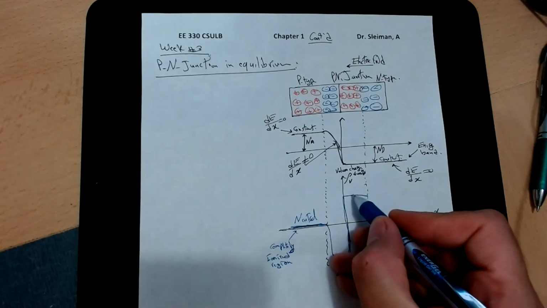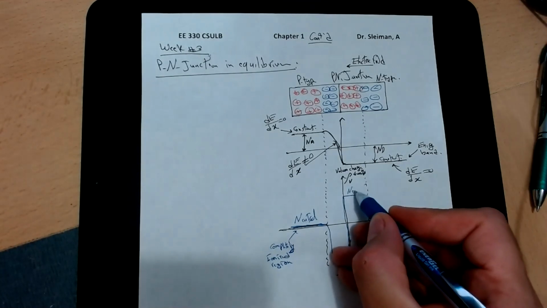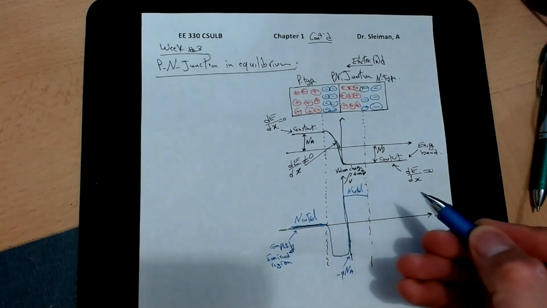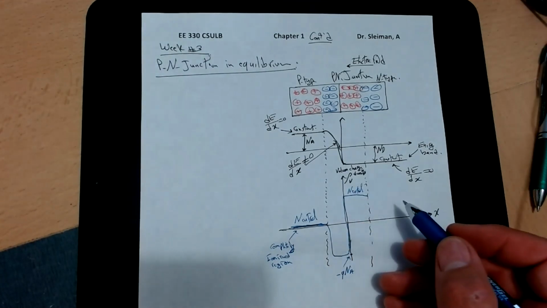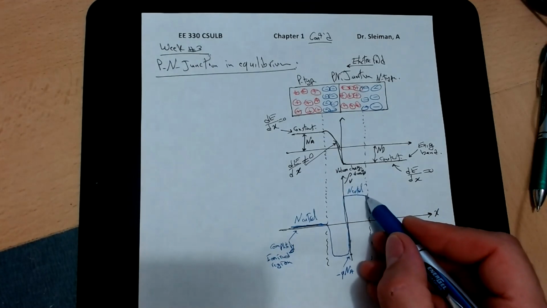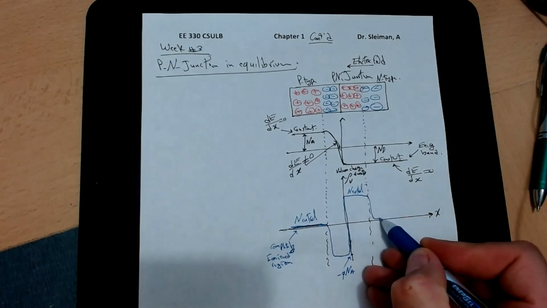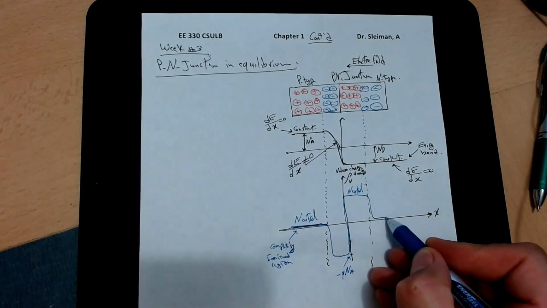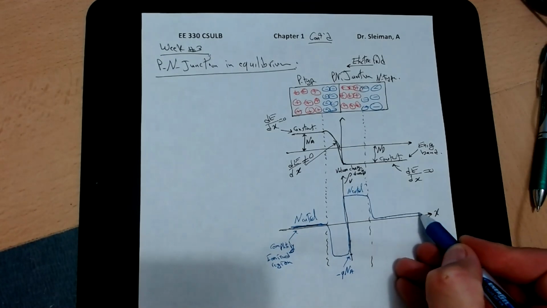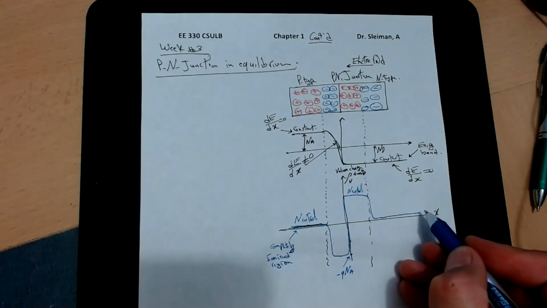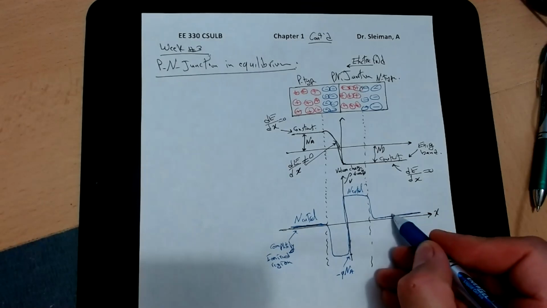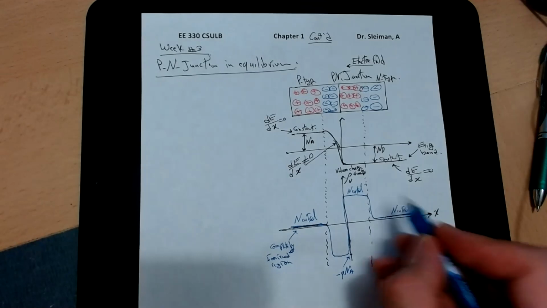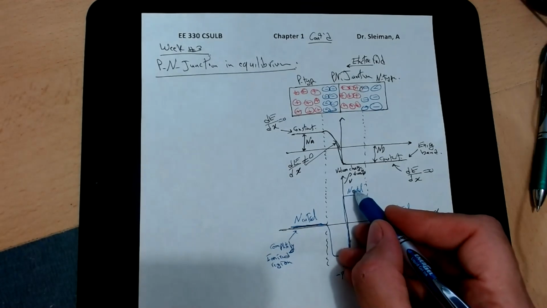It's constant here, so we can also call it neutral. And then after that, the charge will kick in and go down to 0. Sorry, this is the neutral side, and this is the completely ionized region.